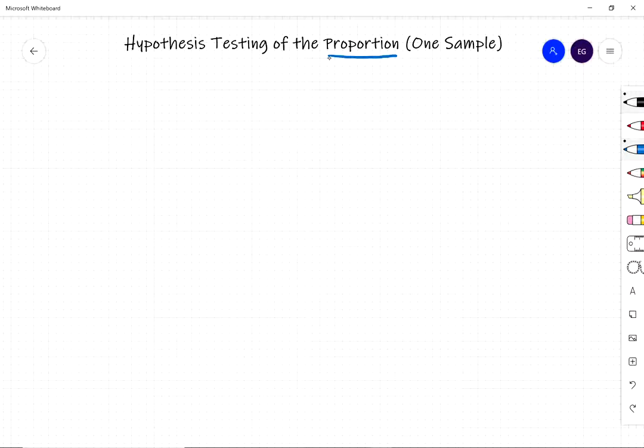All right, so basically what we're doing is we're starting off, so let me number this. We're starting off with a claim. And what I mean by a claim is a statistical statement that's declarative in nature, basically saying something. In the context of proportions, the claim is going to be some declarative sentence regarding percentages of something.